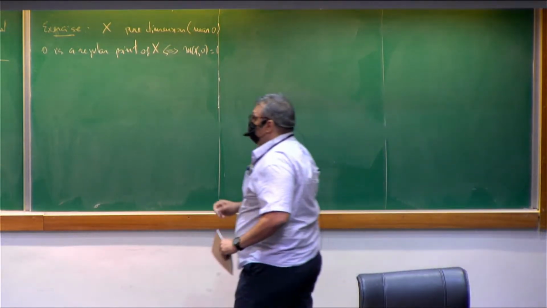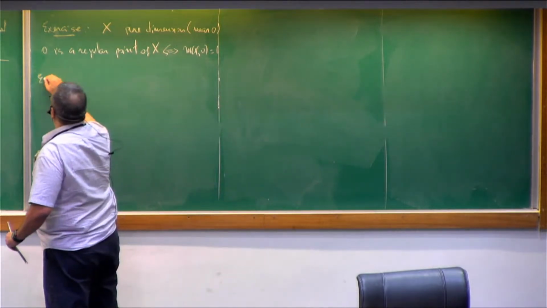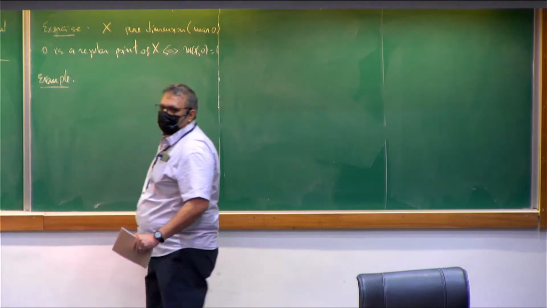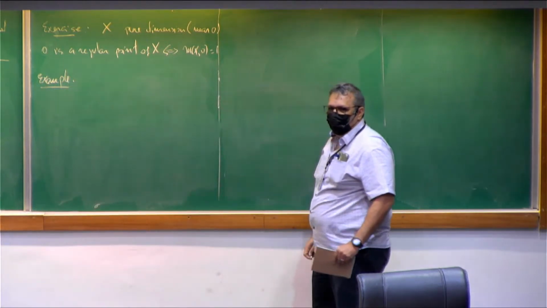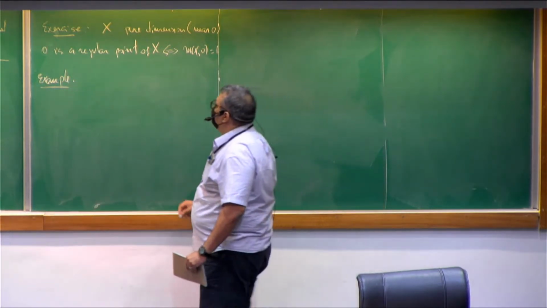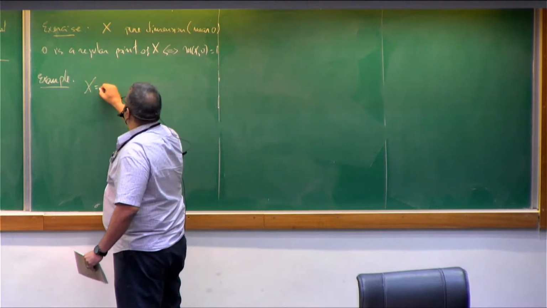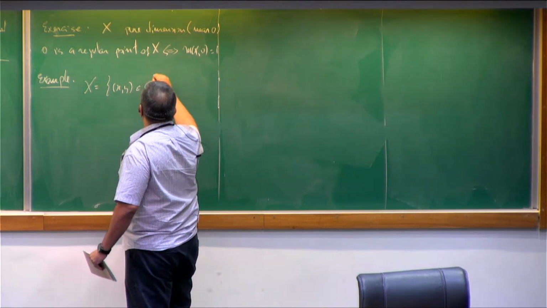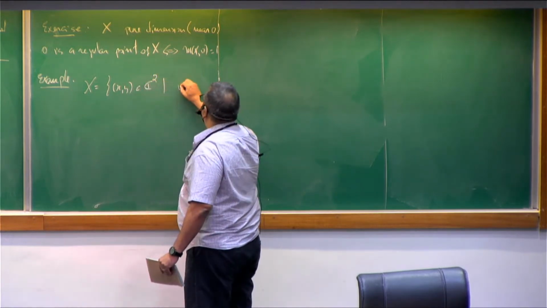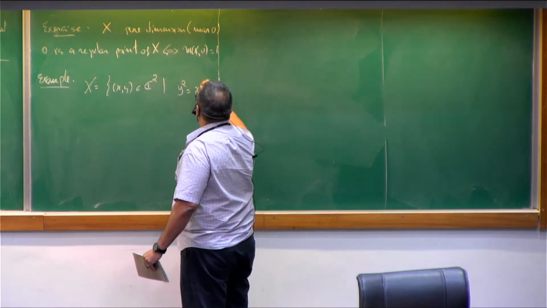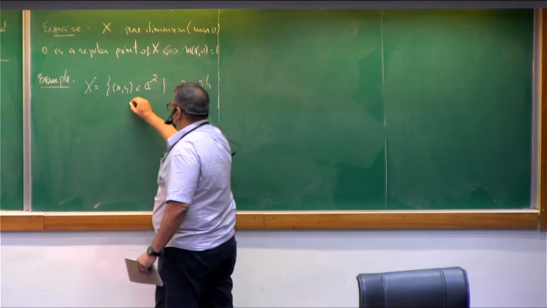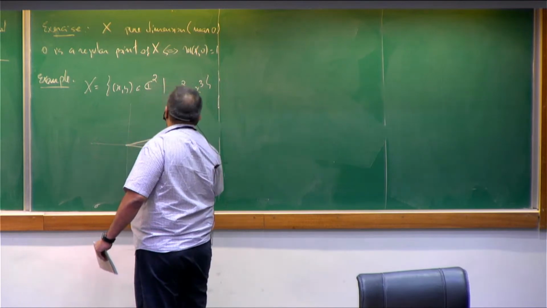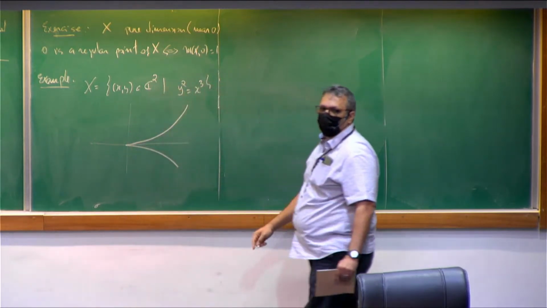So, example. Once again, let's consider the complex cusp: X, the set of (x, y) in C^2 such that y squared equals x cubed. This is the real picture, but we are considering the complex one, okay?